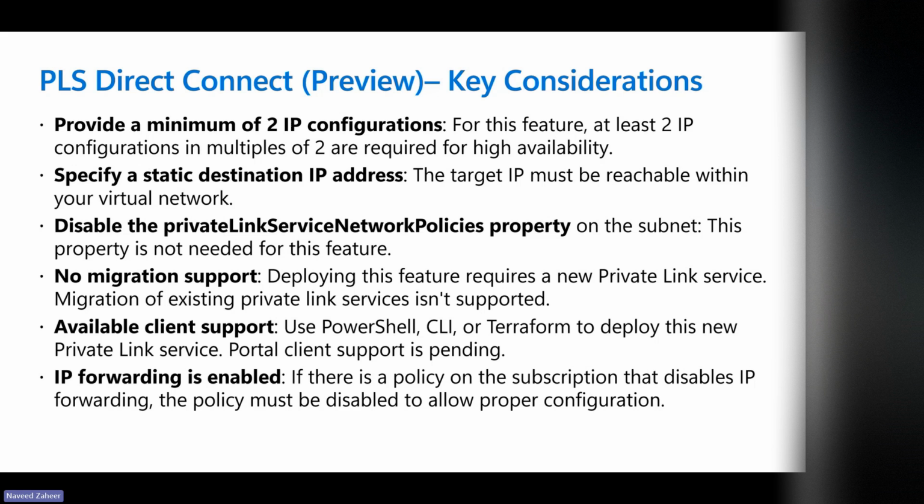At this moment, there is no migration support. Support for UI is not there, but you can use PowerShell, CLI, or Terraform. And if you have a policy on your subscription to disable IP forwarding, this will not work. IP forwarding has to be enabled to make this feature work.